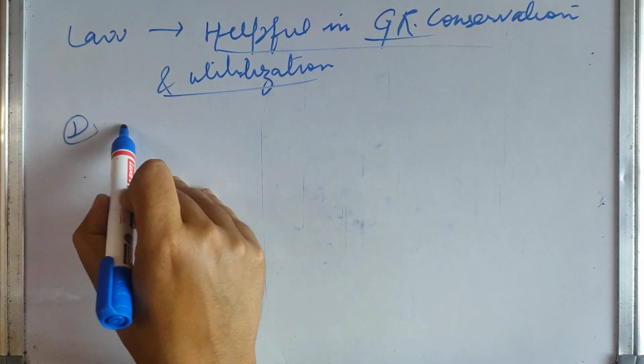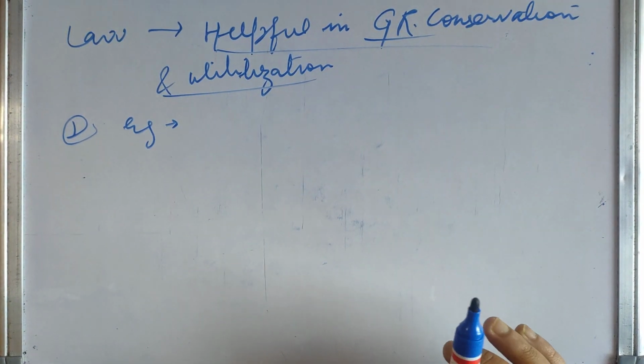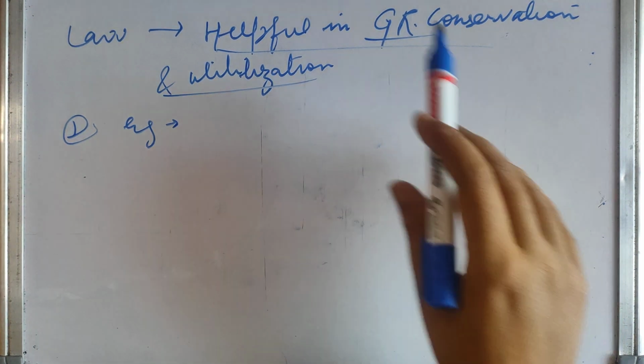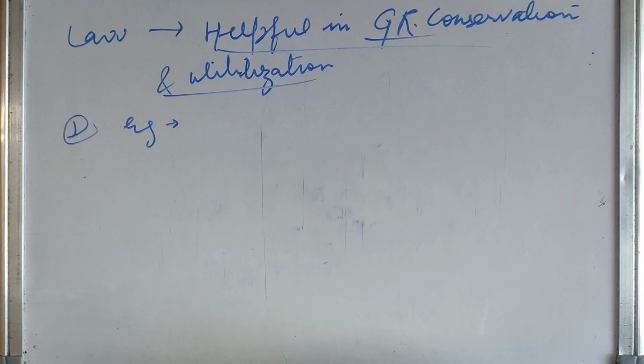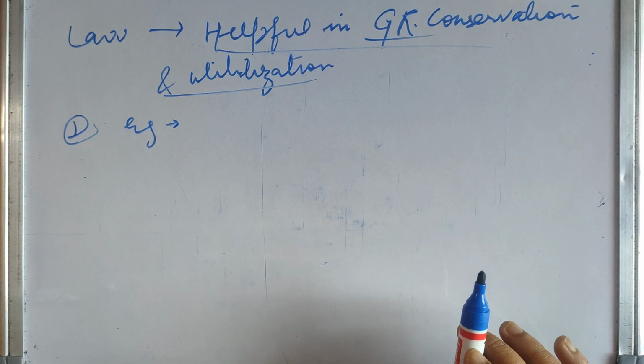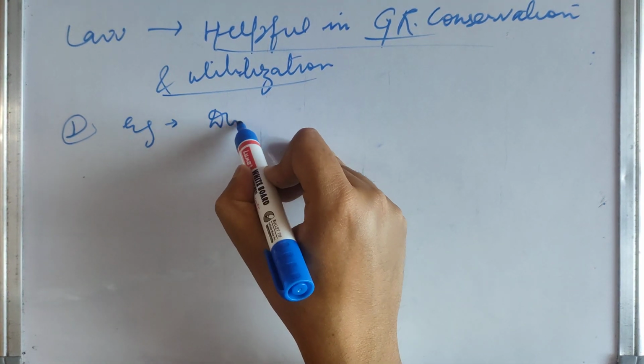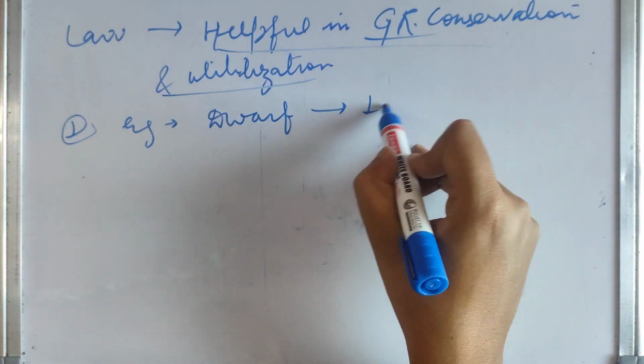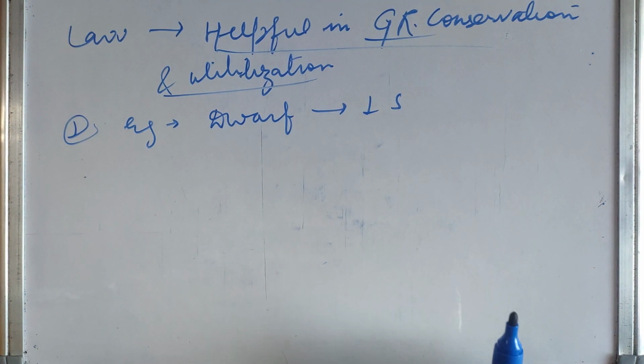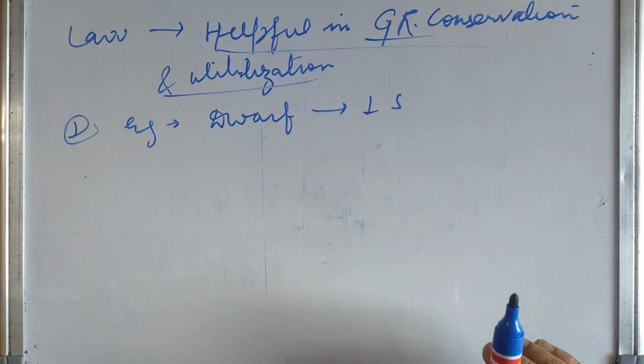First of all, for example, if we get a dwarf collection in one species, the same may be observed in another related species also.